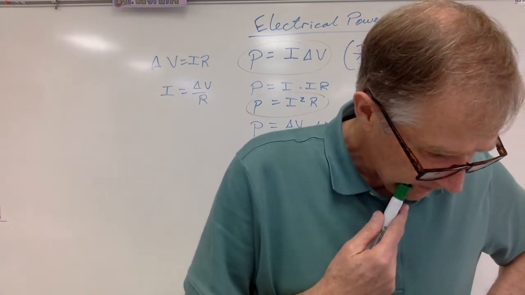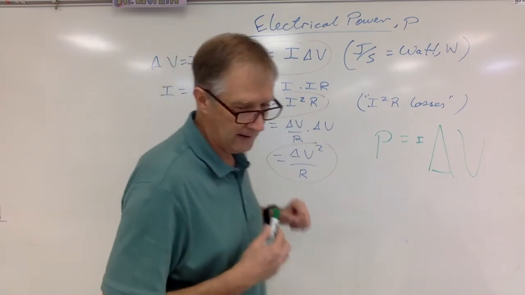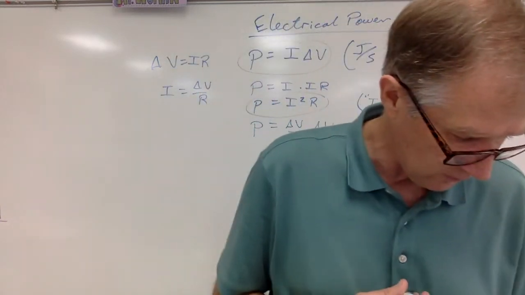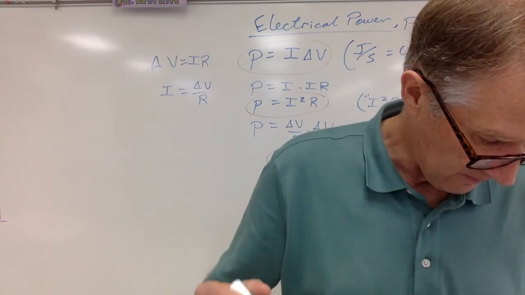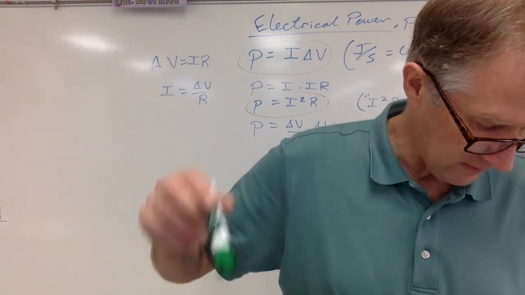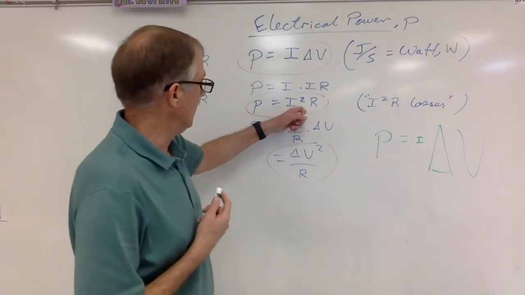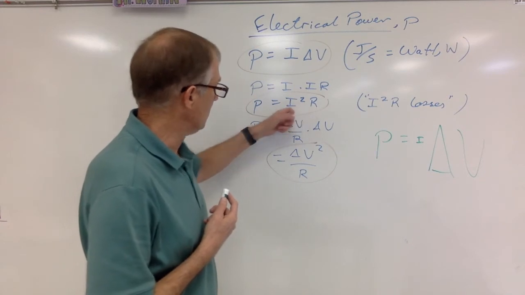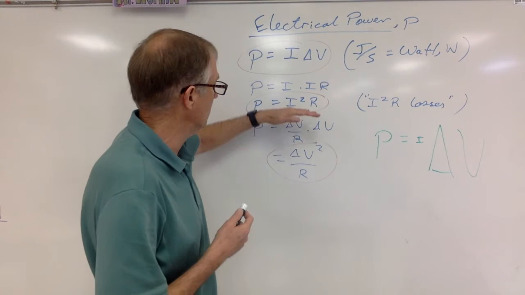But what is the power loss? You can just use I squared R for that, your I squared R losses. That's the power loss during transmission. What fraction of the transmitted power does the loss represent? You can calculate I squared R for the losses, the current squared times the resistance that you get from the data in the problem.